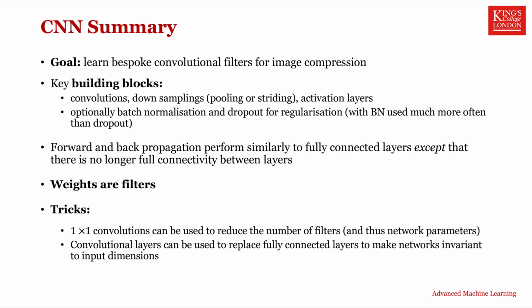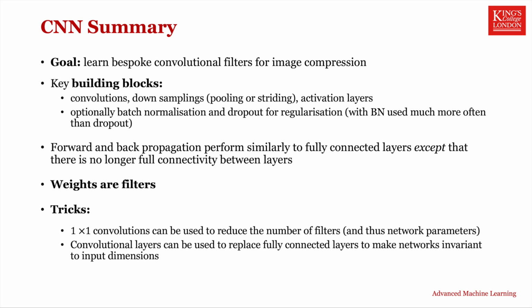Forward and back propagation in CNNs is implemented similarly to fully connected layers, except for that there is no longer full connectivity between layers. Local regions of images are connected to local weights kernels. Each local region is then forced to learn the same weights as its neighbours, otherwise known as parameter sharing, which therefore means that the weights learn convolutional filters.